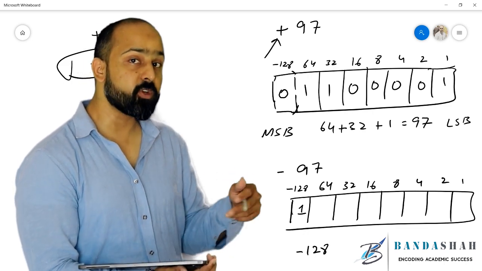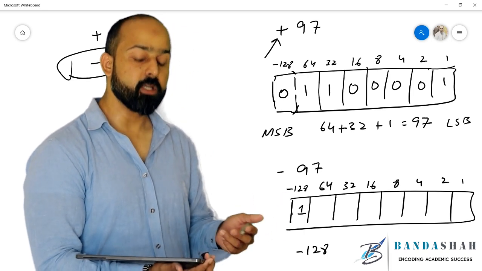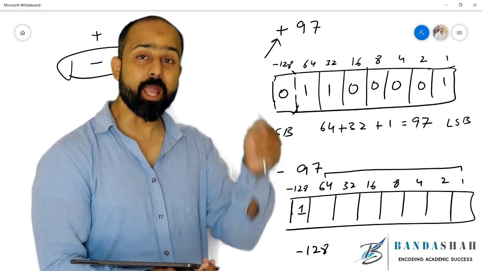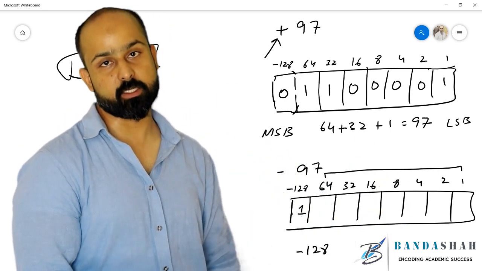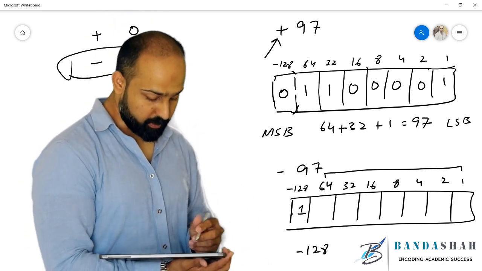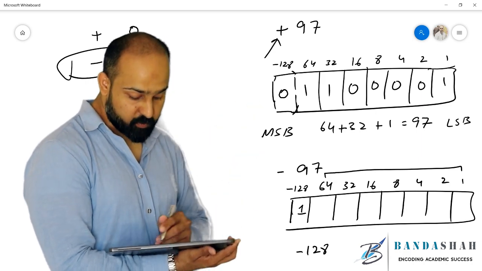Now you have already switched on the negative power, minus 128. The rest of the powers are positive. What to add inside this minus 128 so that it will become minus 97? So this is how you take care of 2's complement. You have to think in reverse order: what to add to minus 128?